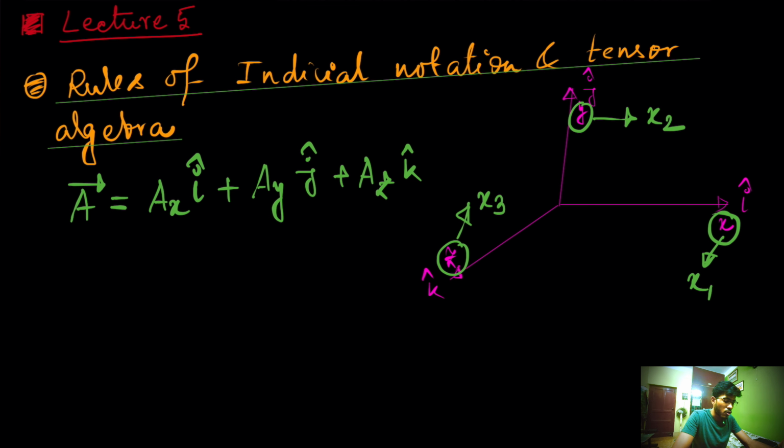And the corresponding unit vectors are: in the x direction or i cap direction it is e1 cap, in the y direction or x2 direction it is e2 cap, and in the x3 direction or z direction it is e3 cap.